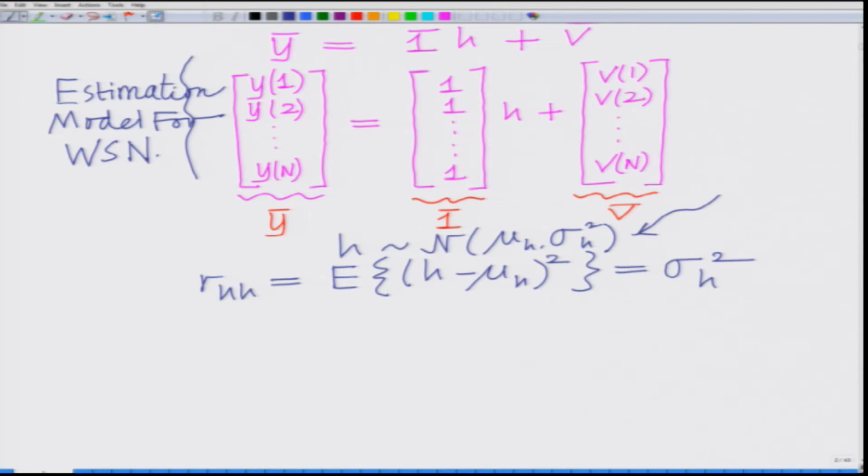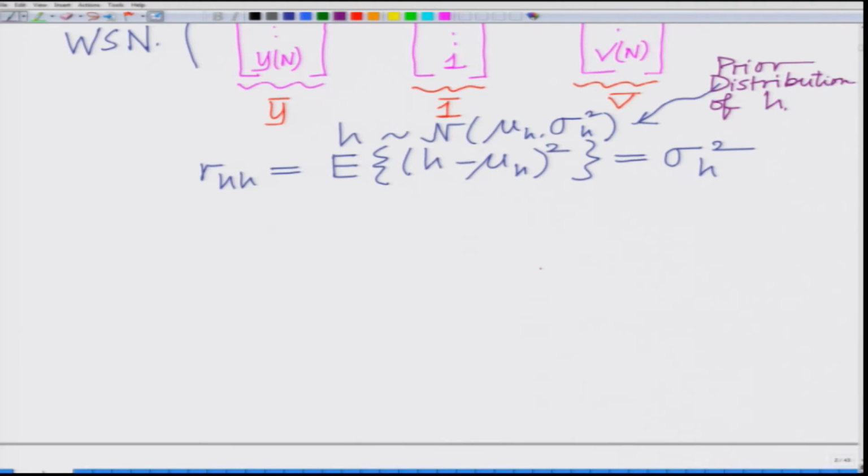This is the prior distribution of the parameter h, which is assumed to be Gaussian with mean mu h and variance sigma h squared. Therefore, R HH is the expected value of h minus mu h squared, which is sigma h squared.